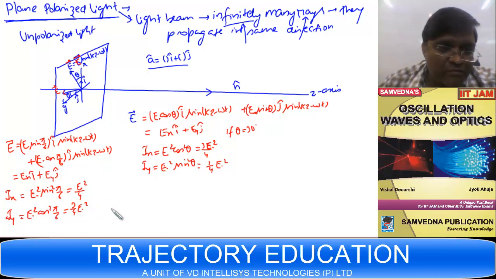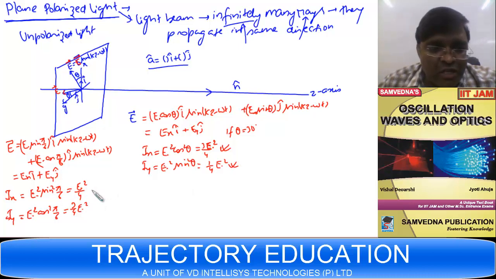So when the field vector makes an angle of 30 degrees with the x-axis, you have 3/4 of the intensity in the x direction and 1/4 of the intensity in the y direction. When the field vector makes an angle of pi by 6 with the y-axis, you have 1/4 intensity towards the x direction and 3 by 4 intensity in the y direction.